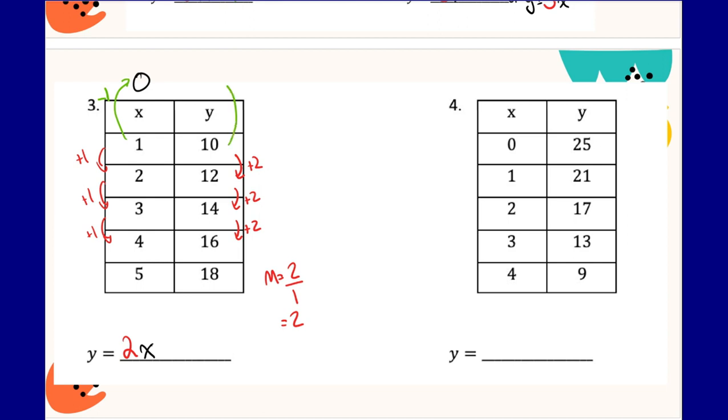Well, I know the pattern as I increase positions is plus 2, so going backwards, I just reverse that, which is minus 2. So 10 minus 2 gives me 8. So that tells me what my constant, or my b value, my y-intercept, is going to be. My y-intercept is actually going to be plus 8.